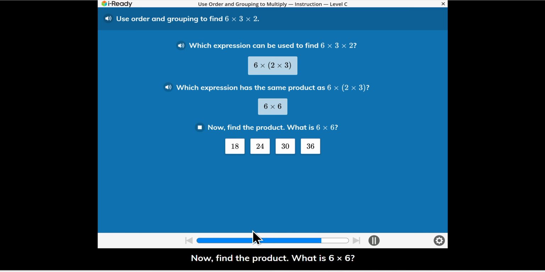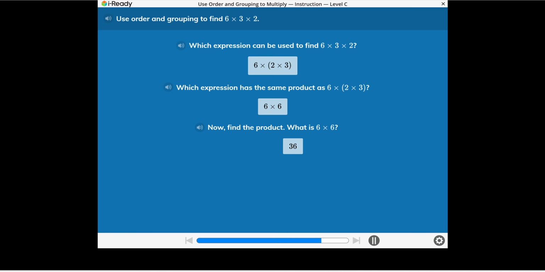Guys, do you know 6 times 6? That may be hard. It equals 36. So 6 times 3 times 2 equals 36.